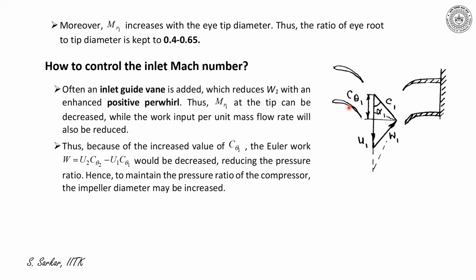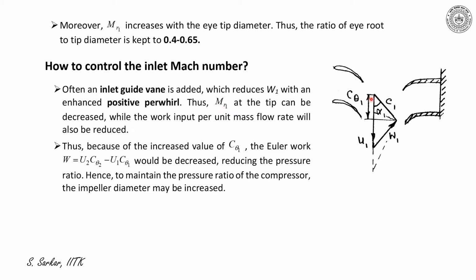Now if you draw the velocity triangle with and without swirling component, that is with and without guide vane, you will appreciate that W1 has substantially decreased because of the guide vane that provides a positive swirling component, or positive value of C theta 1. Thus, MR1 at tip has decreased.